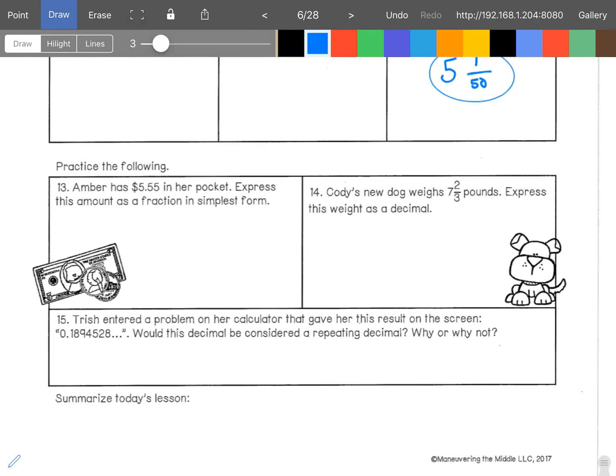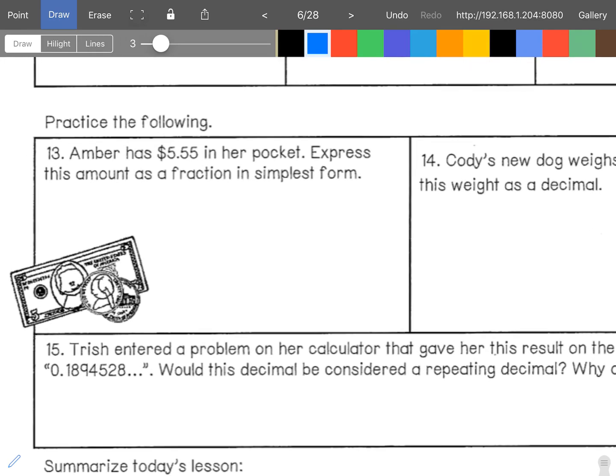Okay, we're almost done. Go down here to these word problems. Number 13 says, Amber has $5.55 in her pocket. Express this amount as a fraction in simplest form, okay? So 5.55 as a fraction. Remember, we keep the big 5, and then we write after the decimal, whatever that number is, over... There's no repeating bar. That was just part of that.